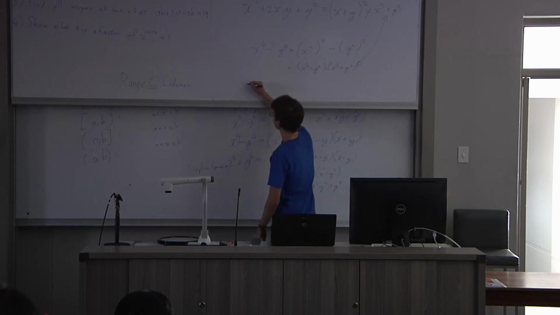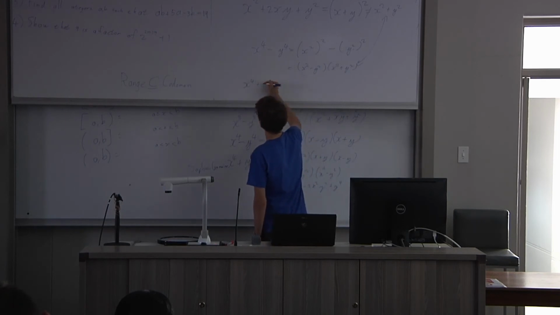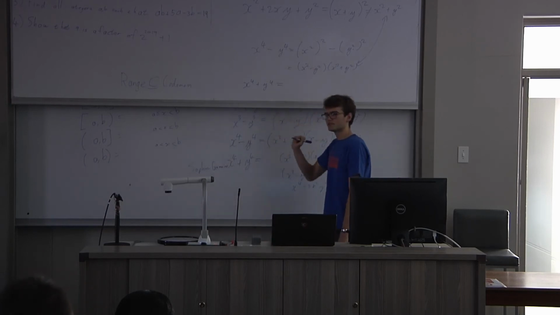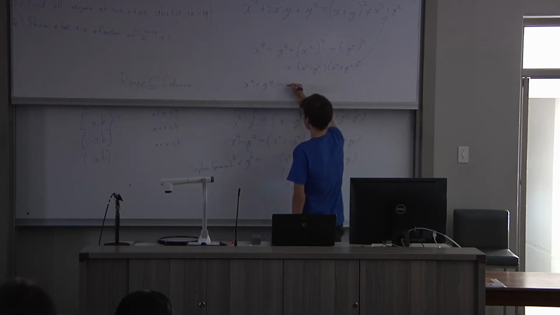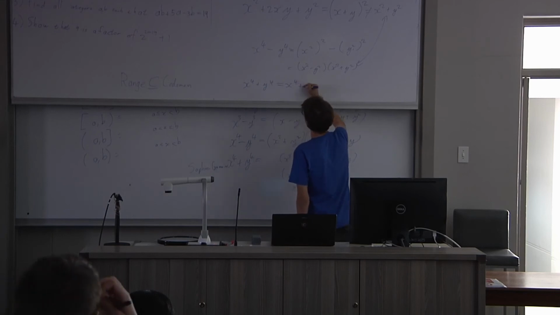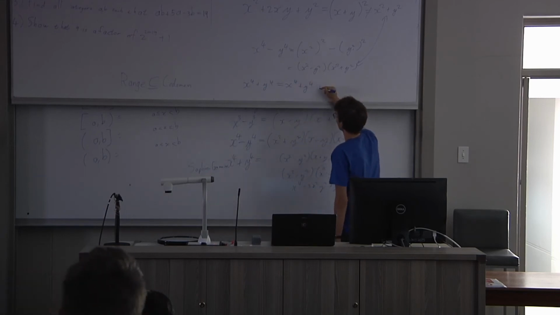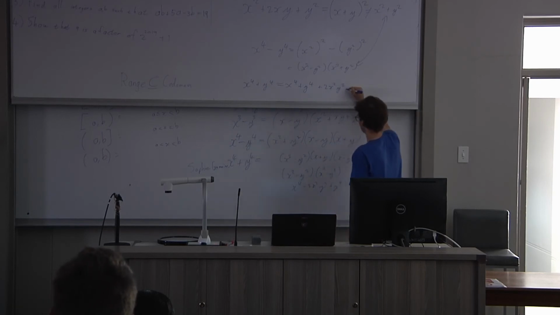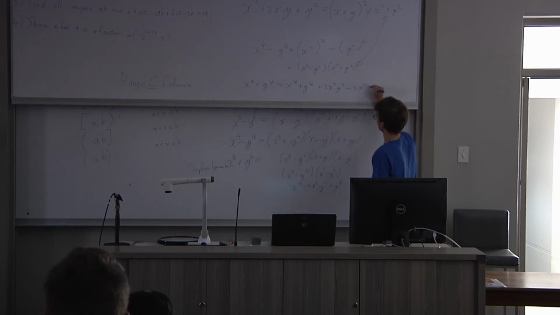So consider x to the 4 plus y to the 4. Would you agree that that is the same as x to the 4 plus y to the 4 plus 2x squared y squared minus 2x squared y squared?